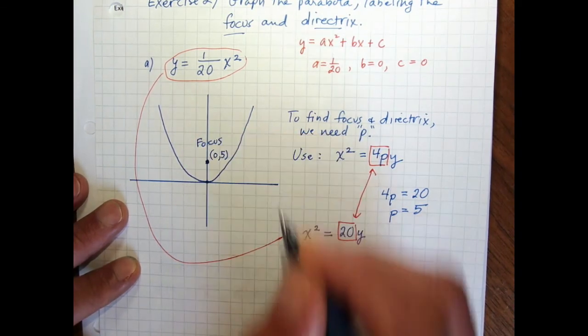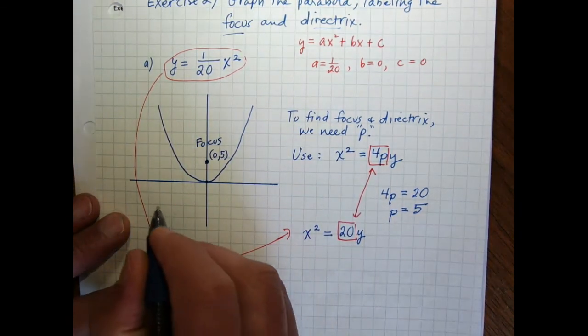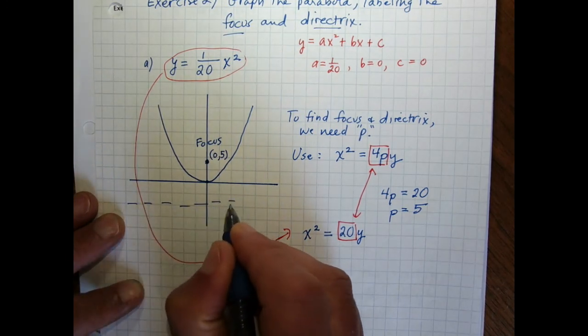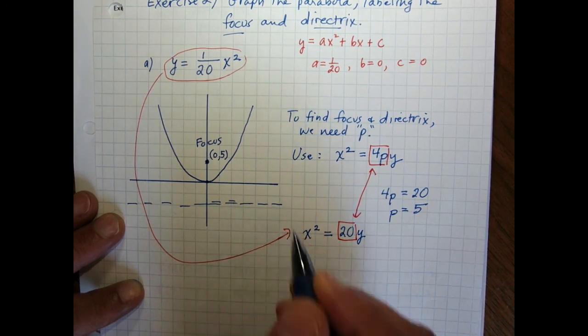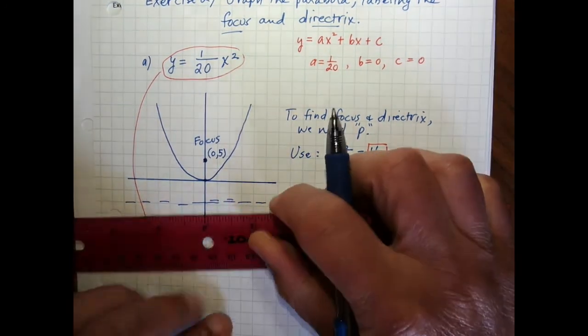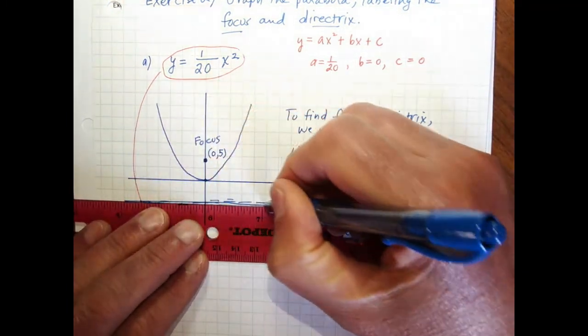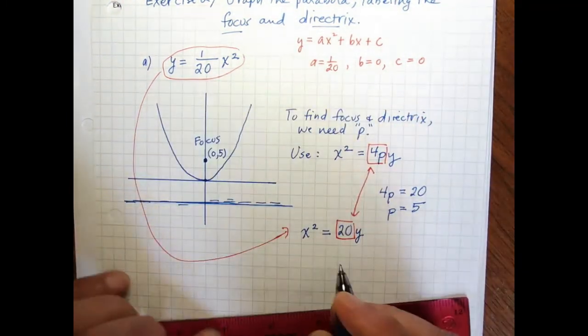for this parabola. And I know the directrix is always going to be, in this situation, parallel. I'm not drawing it as straight as I could. I should use a ruler, shouldn't I? There's my directrix.